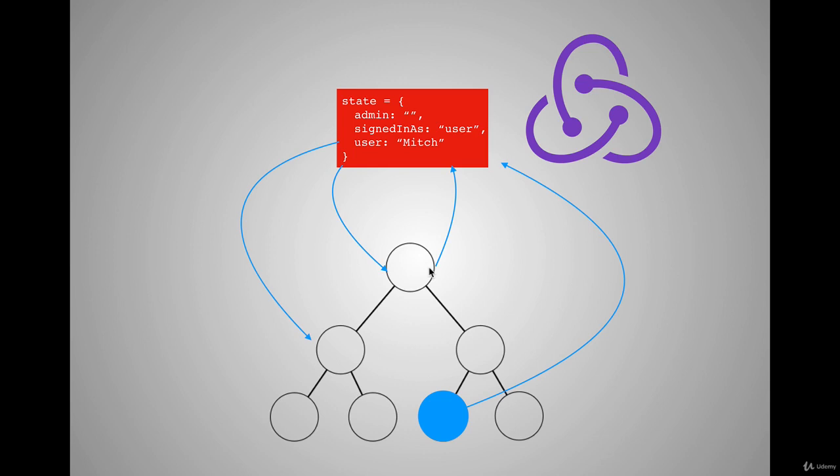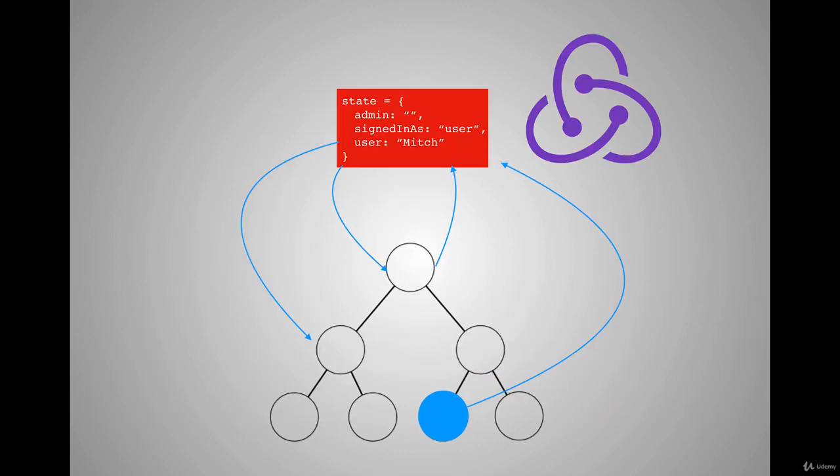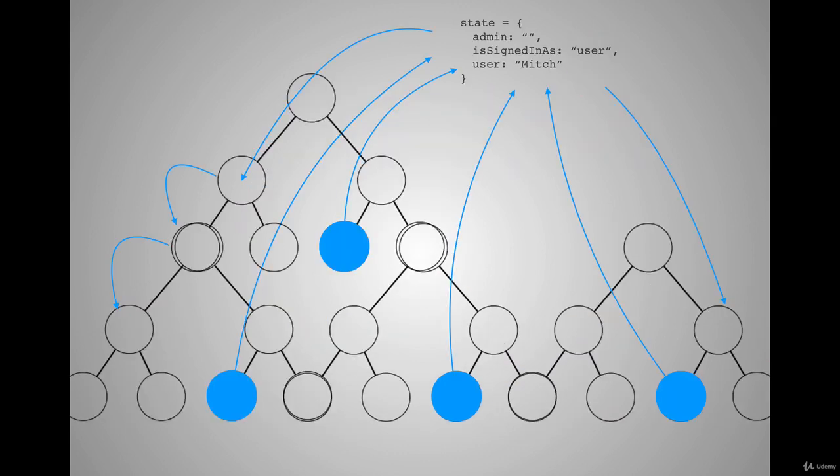So our diagram from looking like this with just React can go to looking like this with Redux, where none of the components need to hold state anymore. And we can have one massive object that describes our entire app, and whichever component needs that prop can just be passed down to it. And any updates that happen go through the state. The state gets modified, and then we pass down that information to the component.